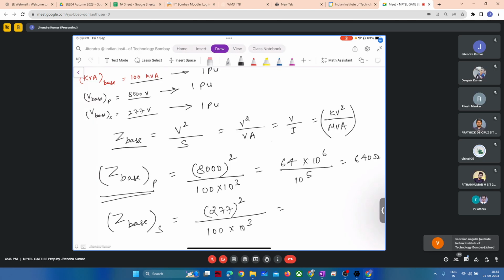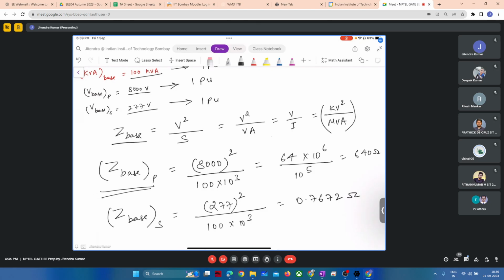And the secondary side will be 277 square divided by 10 raised to power 5. It is 0.7672. So these are the base values for the primary and secondary side.